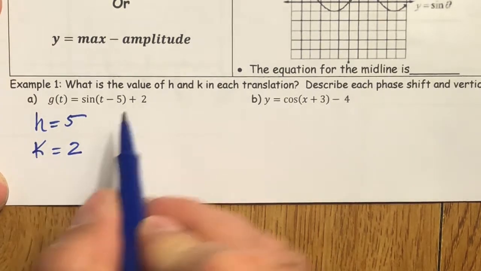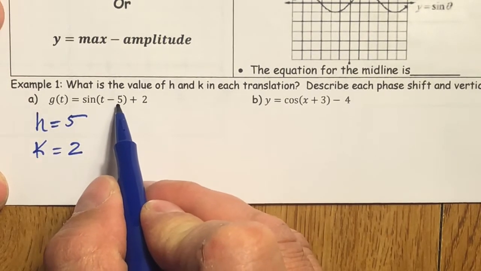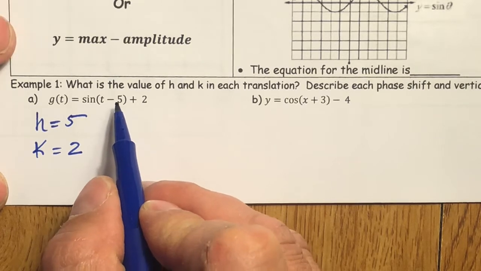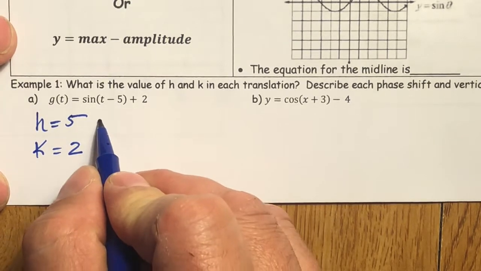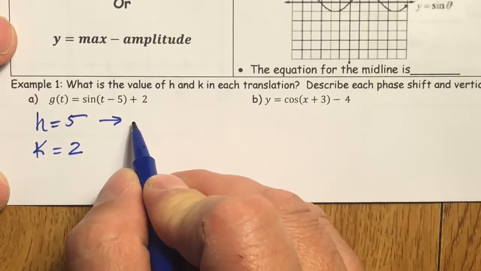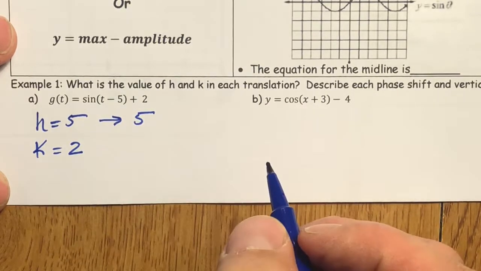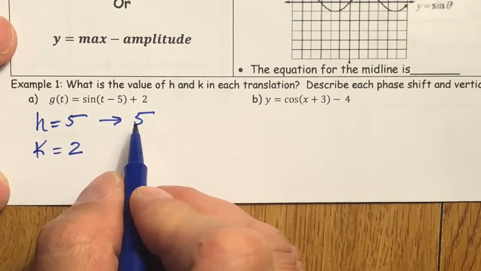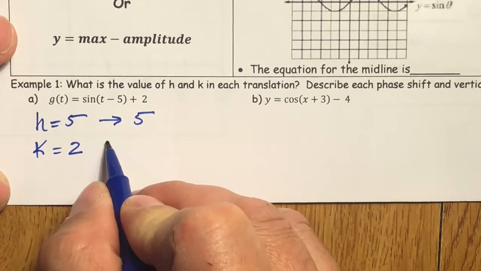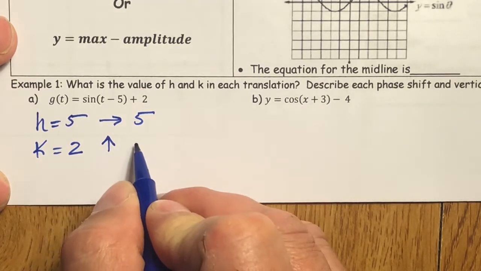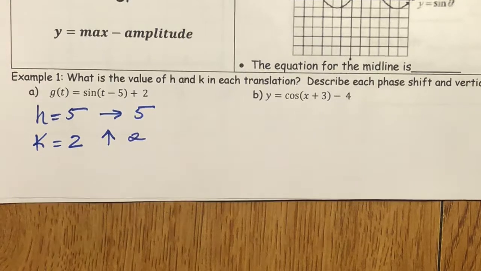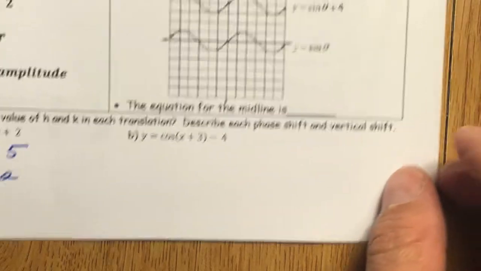Now, remember, h is a liar. So h is actually 5 in this example. That means that we would move right 5 units, and this is called a phase shift. And then for k, we would translate that up 2 units, and that is just a vertical shift. Fantastic.